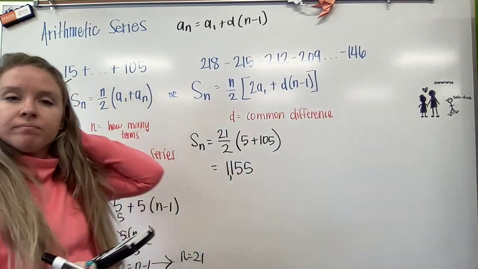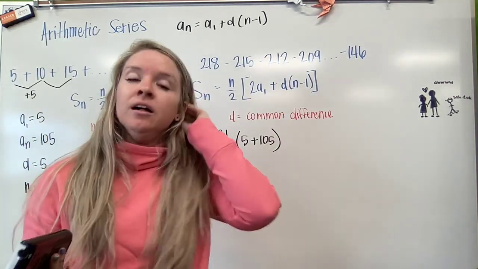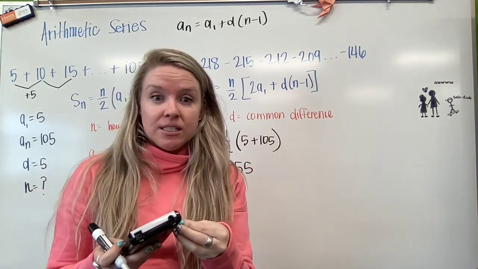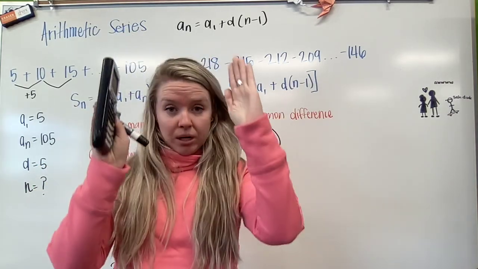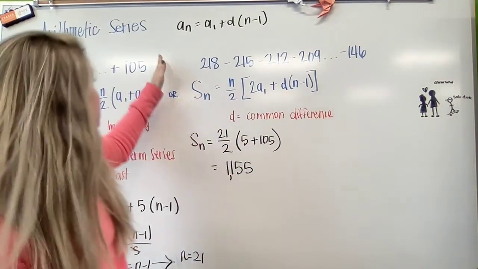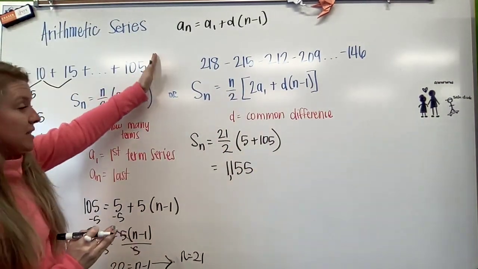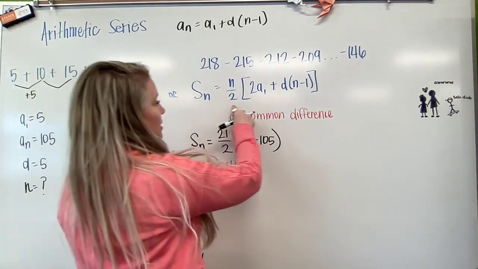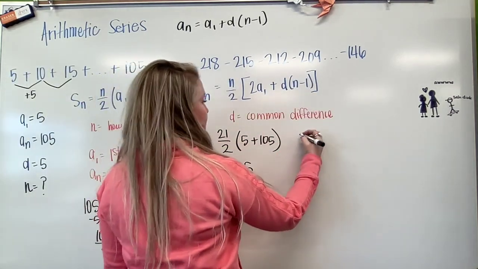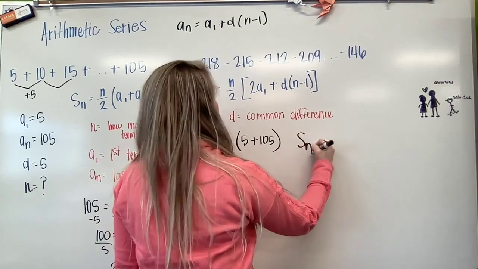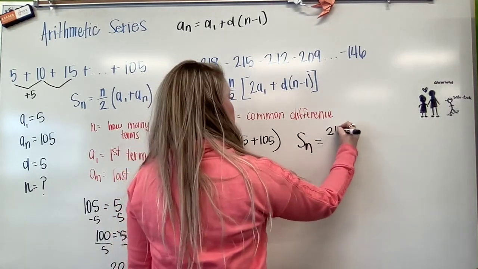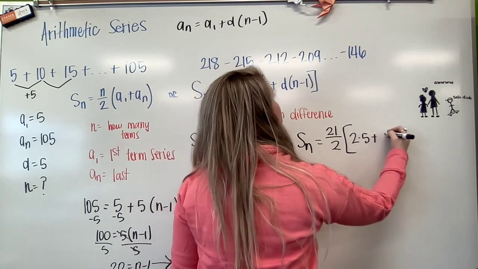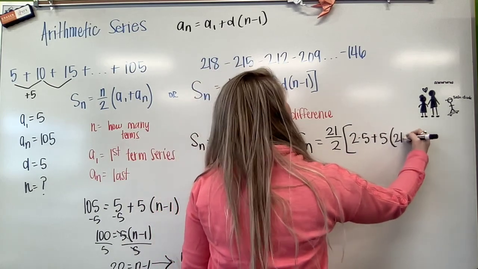1,155, excuse me. Okay? So all we're doing is taking all of these values in our sequence, but we're going to just find this portion of the sequence, which makes it a series, and we add those together. Just to show that this formula would also work, I'm going to have the sum 21 over 2, 2 times 5 plus 5 times 21 minus 1.